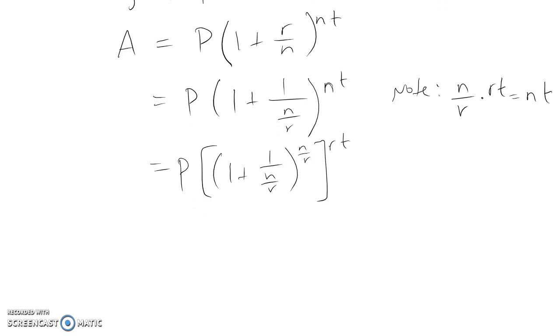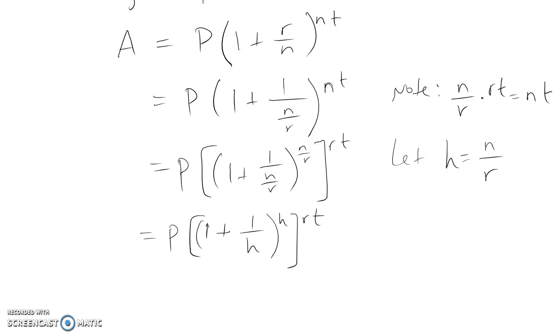Okay. Now we're going to let a new variable, we'll call it H because that's what the book does, equal N over R. Okay. So that gives us P times 1 plus 1 over H, all raised to the H power, all raised to the RT power.